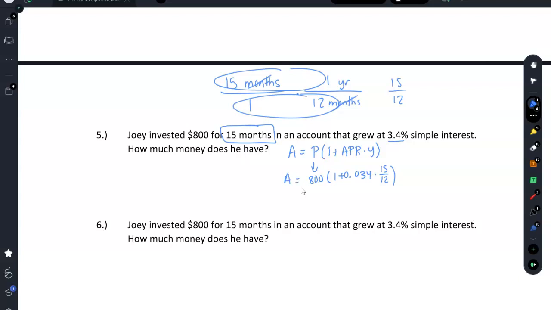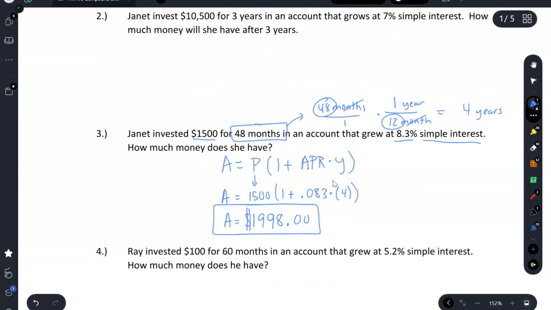That's equal to Y. So now I'm going to grab my calculator, type in 800, parentheses, 1 plus 0.034 times 15 divided by 12, close your parentheses, press enter, and I get this time 821.76, and that would be dollars, and I guess I should have written a dollar sign on all of mine.